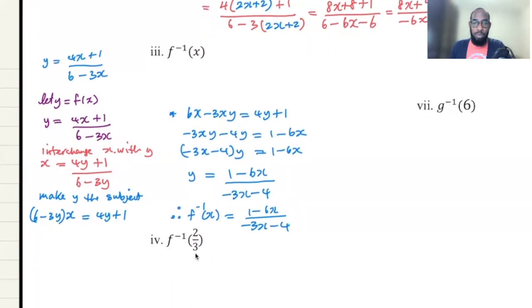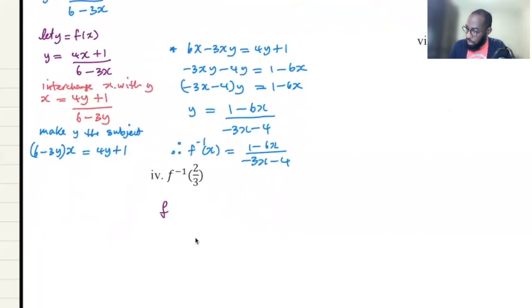If you look below here, you have to find out what is f inverse 2/3. F inverse 2 over 3 is equal to 1 minus 6 open bracket 2 over 3 divided by negative 3 open bracket 2 over 3 minus 4.